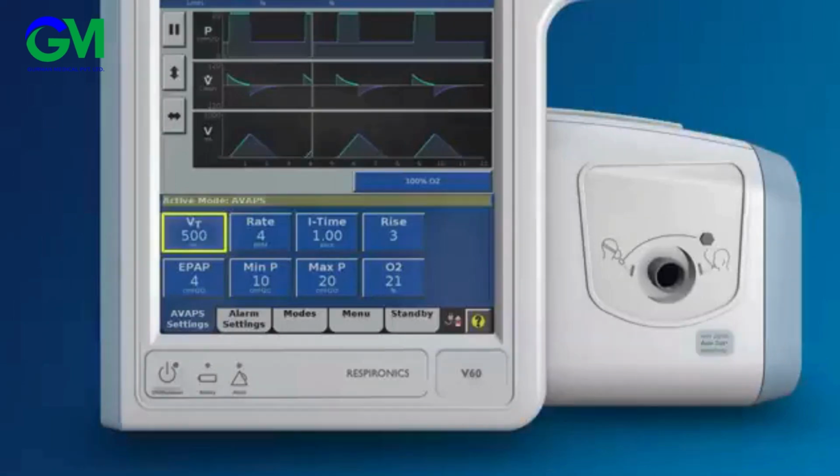And rather than having one fixed IPAP value, you can now specify an IPAP range. In this example, the range is set to a minimum IPAP of 10 and a maximum of 20. In other words, we're allowing the IPAP to adjust itself between an IPAP of 10 to 20 in order to assure an average targeted tidal volume of 500 milliliters over 1 minute.